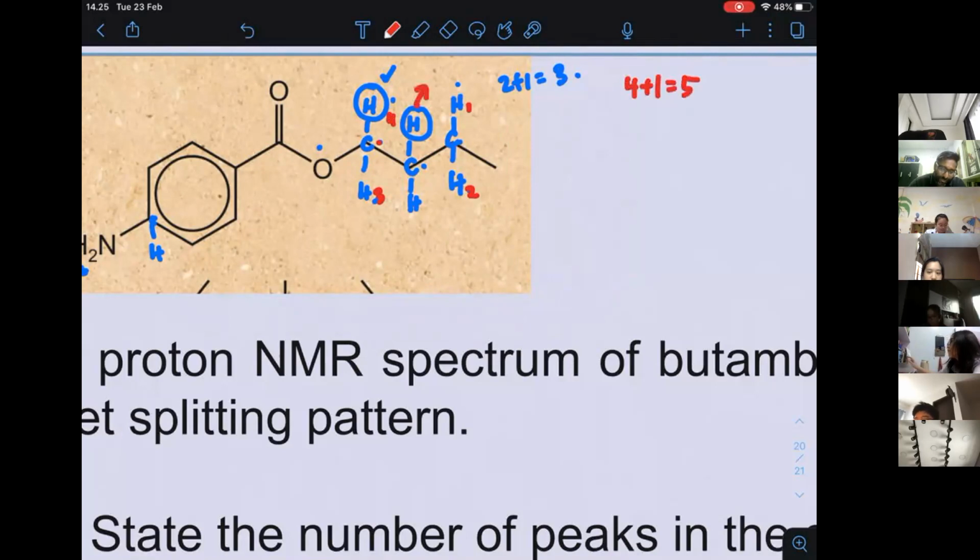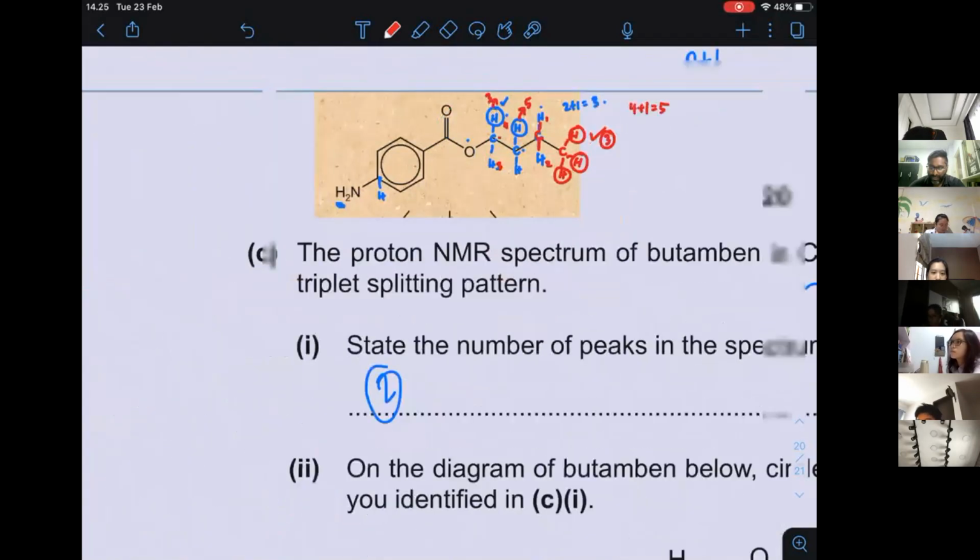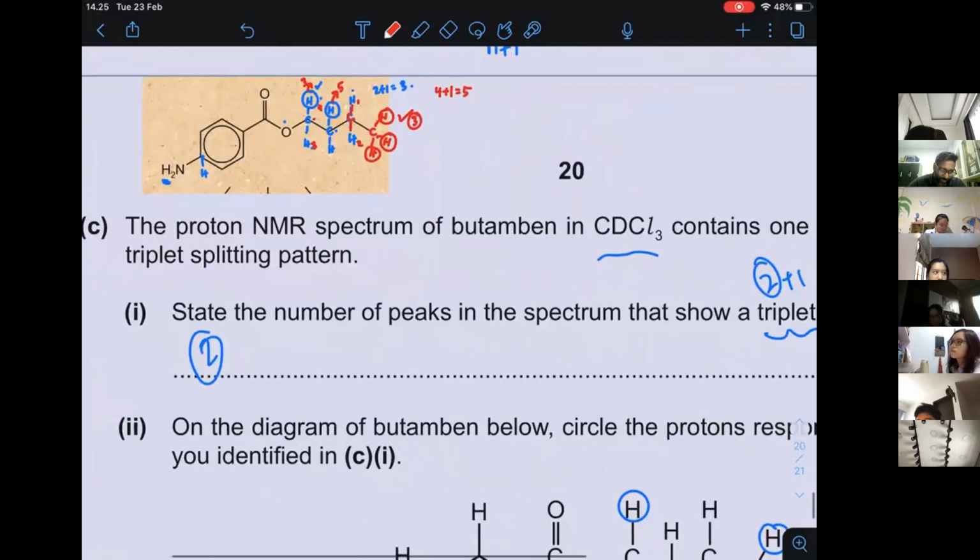For this one, you are going to get 3. And for this carbon with H, H, H, each of these hydrogens has the same environment, and the carbon next to it has 2 hydrogens, so this is also going to be 3. So how many of them are triplets? The answer is going to be 2.